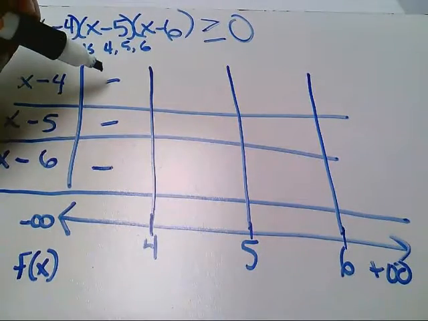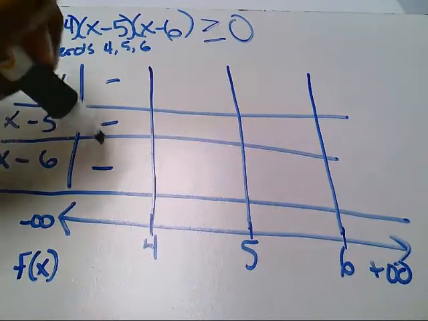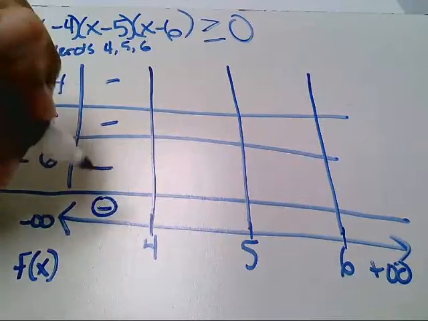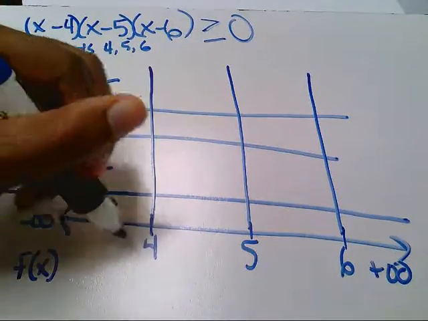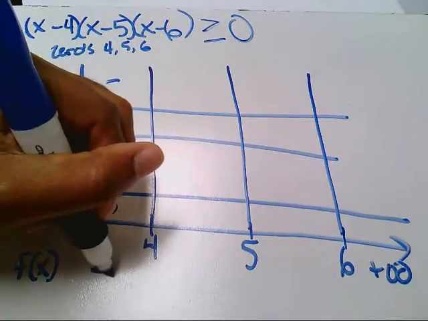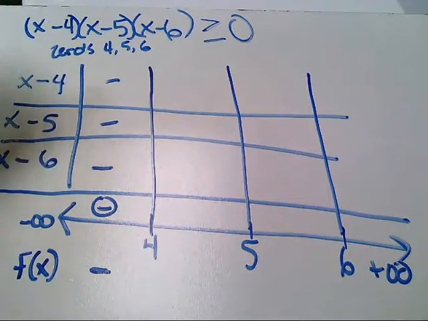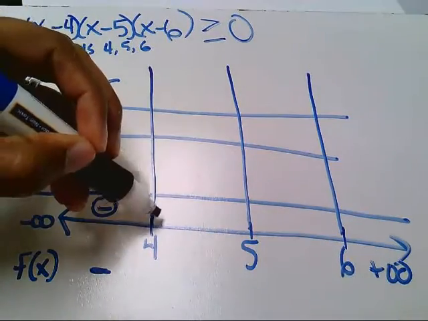So when we multiply, a negative times a negative times a negative, we'll end up with a negative. So our function value from negative infinity to 4 is going to be negative. But we want when it's greater than or equal to 0, so that won't be included as a part of our answer.